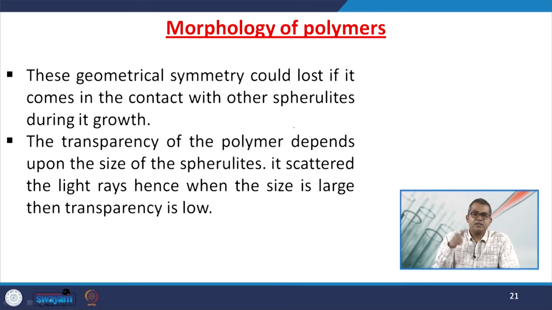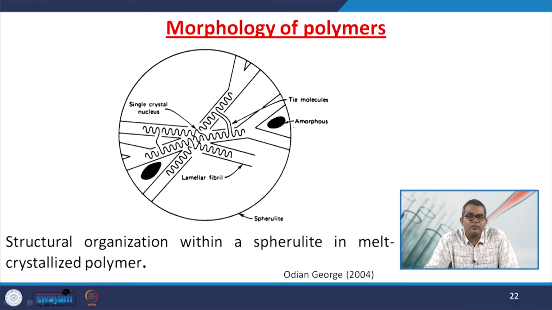Now, the transparency in the polymer usually depends upon the size of the spherulites. It scatters light rays, so if the size is larger, the transparency is usually low. Now, you can see this morphology of the spherulites.